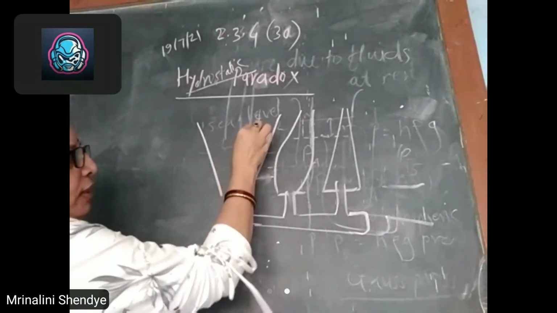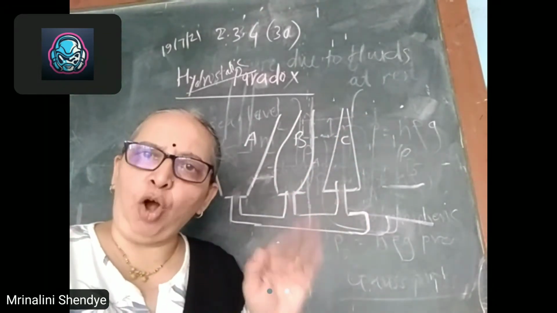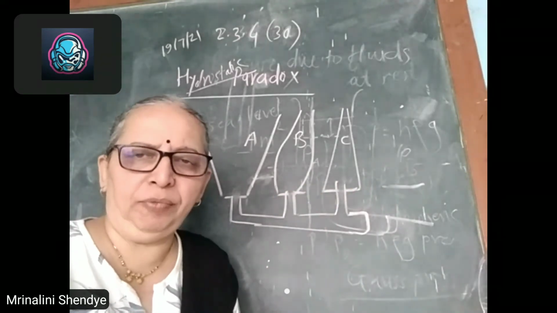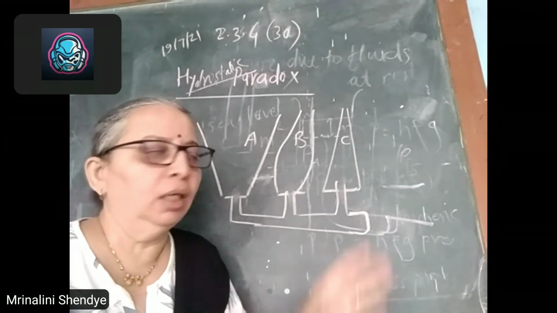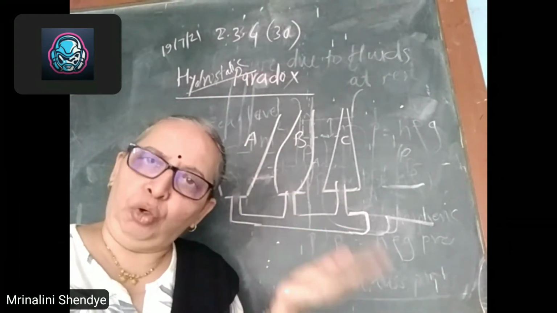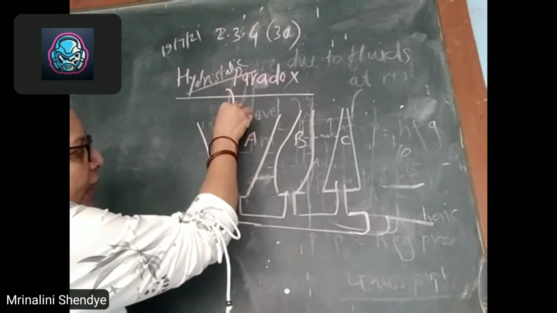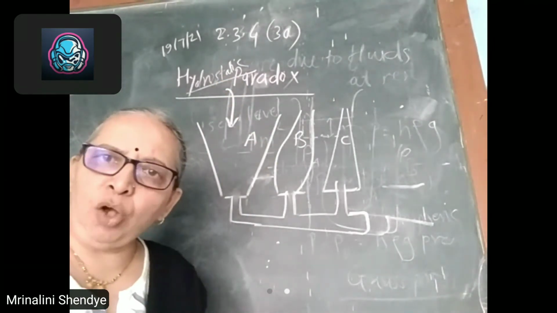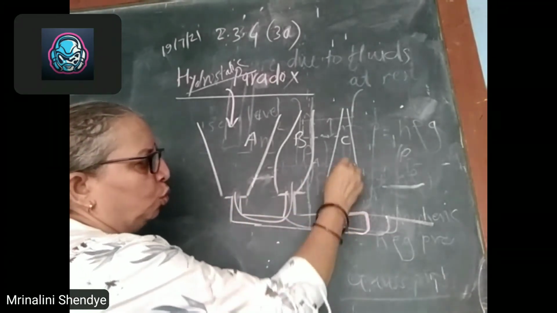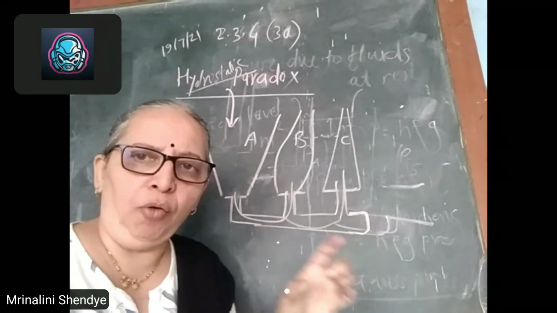Suppose this is vessel A, this is vessel B, and this is vessel C. It is observed that if we pour any fluid, suppose the common fluid used is water, so they have put the name hydro. Hydro means water. You can take any fluid. If I pour it in vessel A, it is observed it moves in B and C also. Go on pouring a definite quantity of fluid.